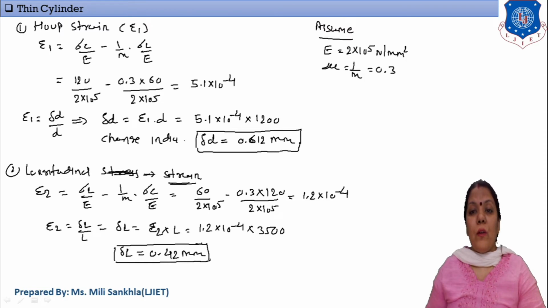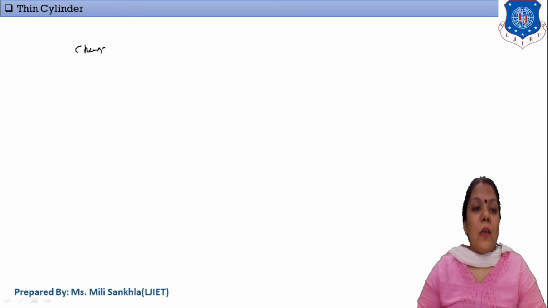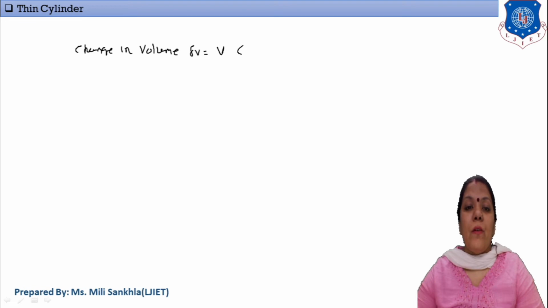Now third, we find out the change in volume. Again, write down the data. Change in volume for a thin cylinder: first write the equation. Change in volume del V is equal to V into epsilon 2 plus 2 times epsilon 1.